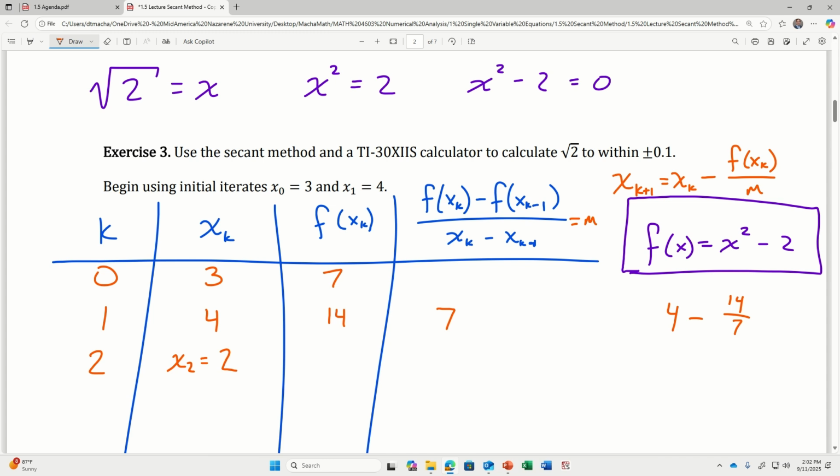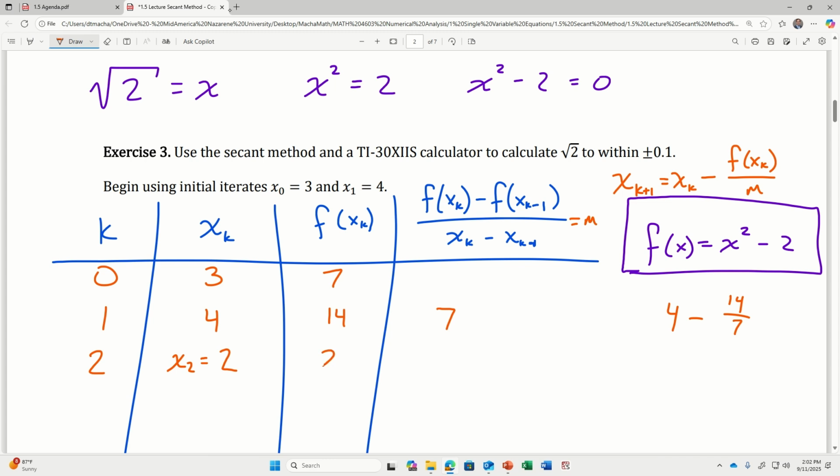Did I do all of that right? Gotta double check my work here. I'm looking at this formula when I take my next iterate. So I'm looking at 4 minus 14 divided by 7. So I think it's 4 minus 2. All right, what is f of 2?